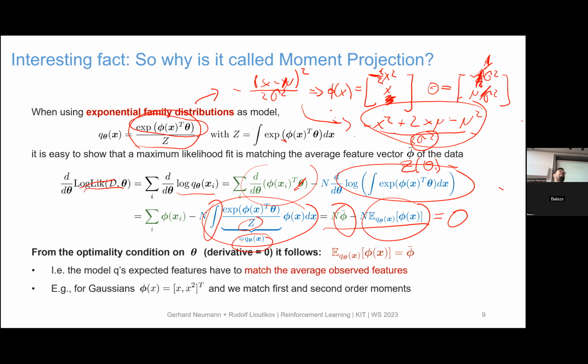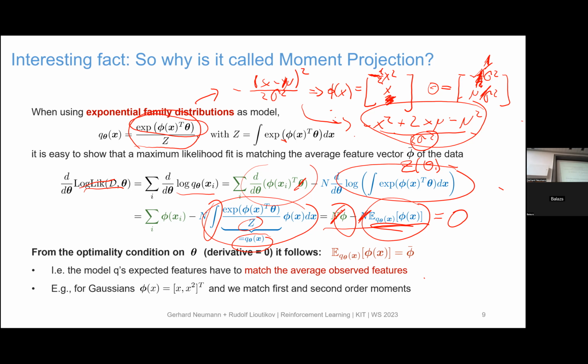So the Q falls out of this equation again, and then it's the integral of Q of x phi of x, which is the expectation of phi of x under Q. We can just forget about the n, so if you want to set it to 0, we can just cancel the n.